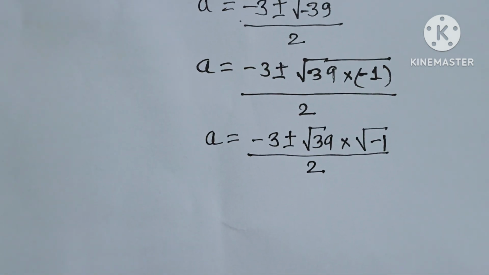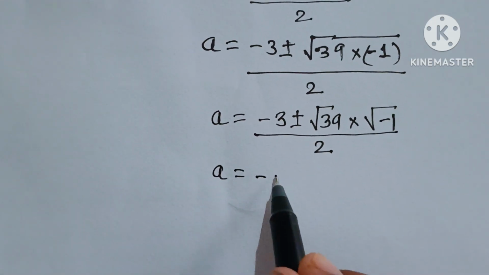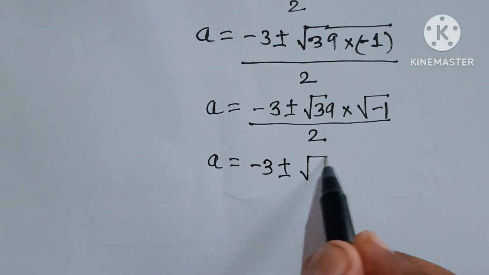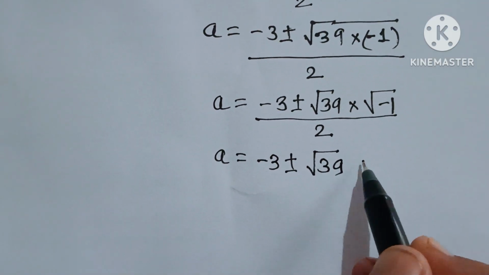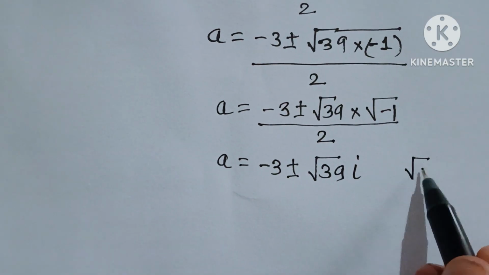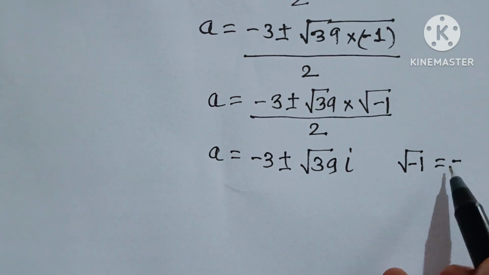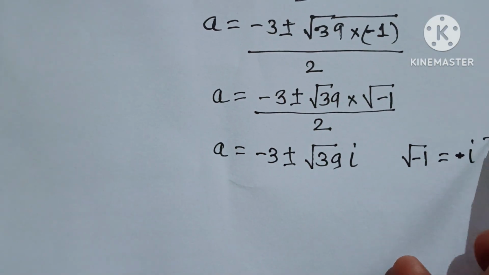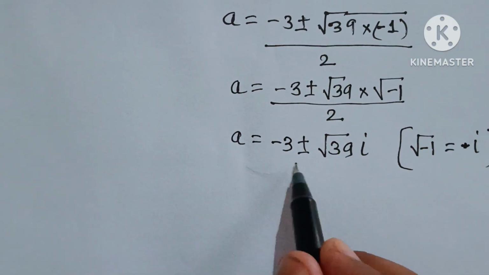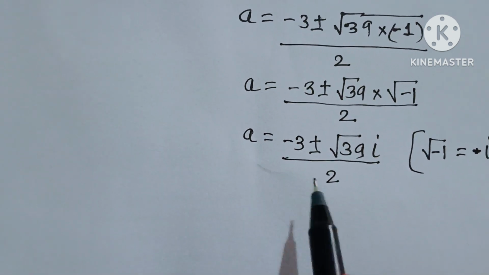Now we get a = (−3 ± √39 i) / 2, where √−1 equals i. So this is the value.